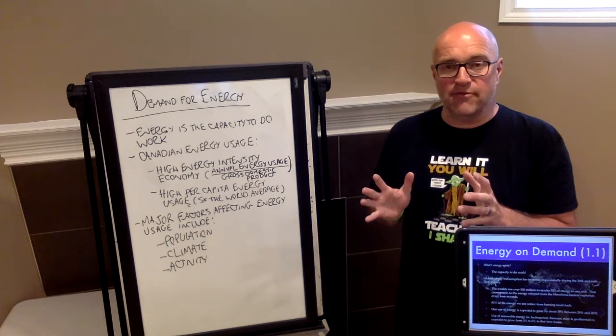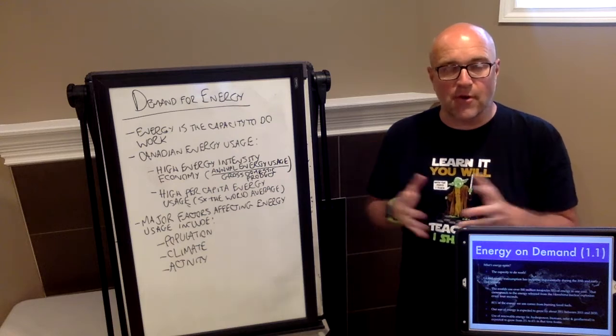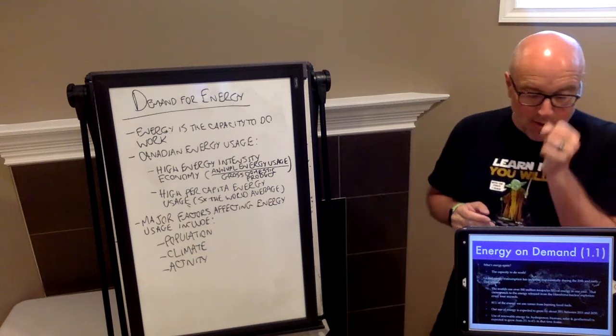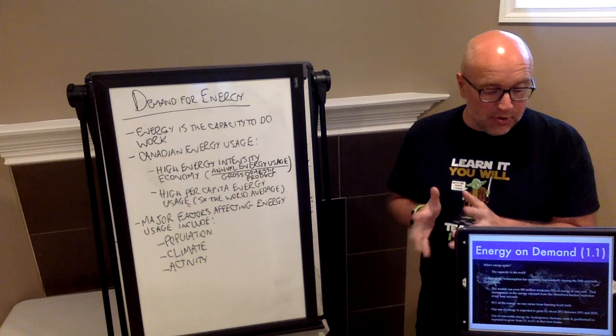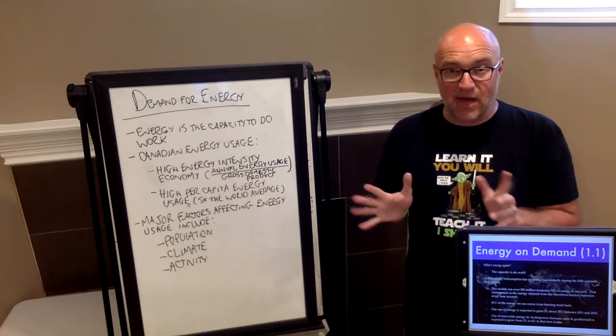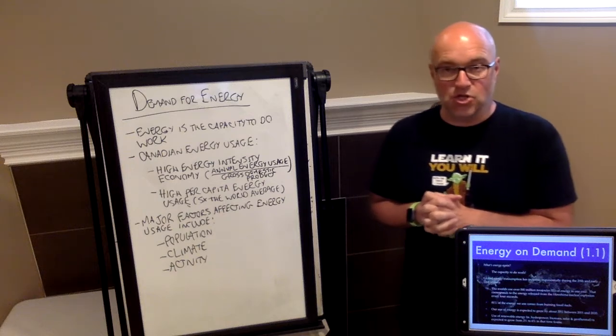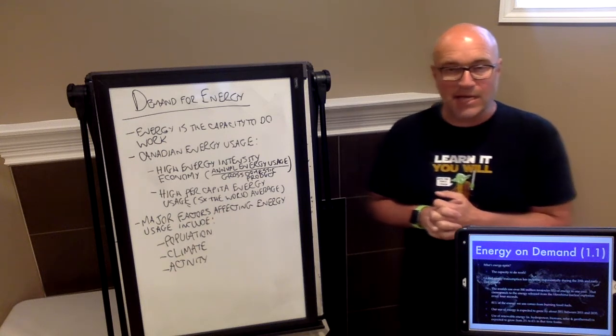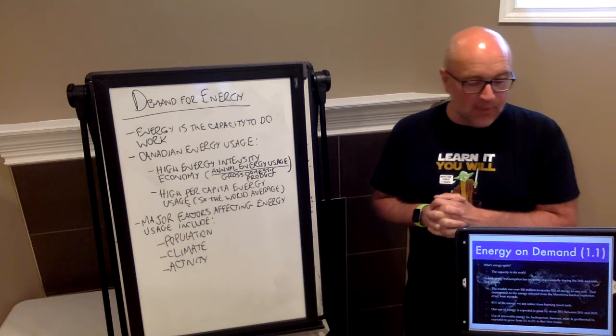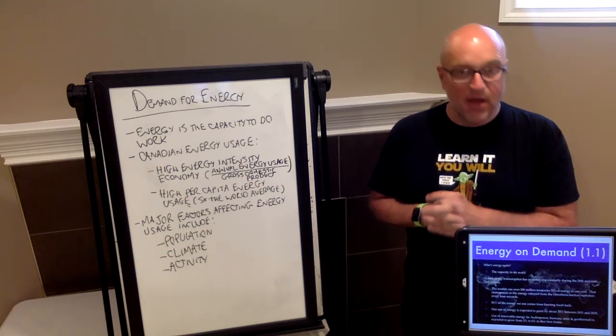To give you a couple of numbers to put it in perspective: it's estimated that the world uses roughly 500 million terajoules, TJs, in one year.